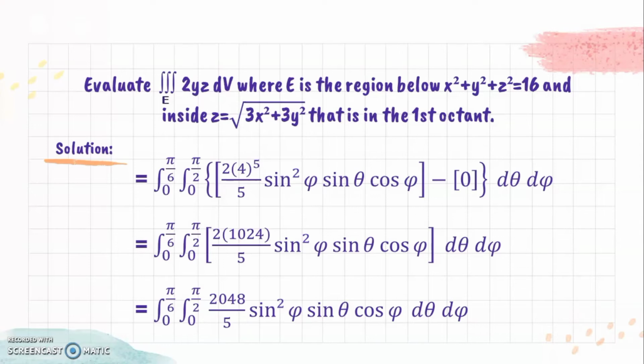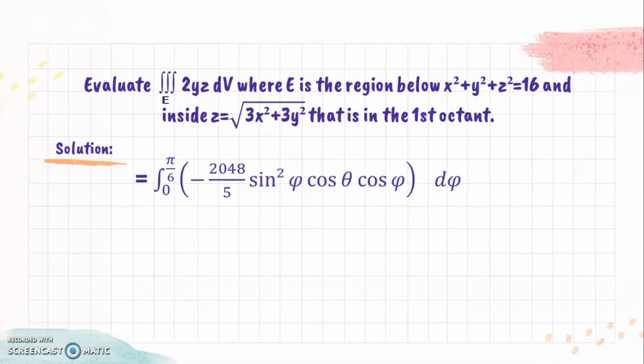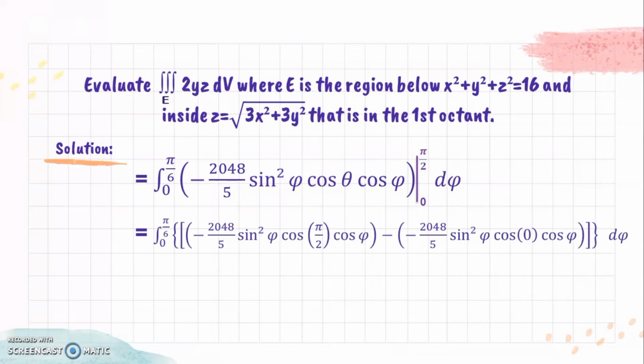So the integral of sine theta is negative cosine theta. Now, we need to evaluate this from 0 to pi over 2. So we'll replace theta with pi over 2. After the minus sign, we'll replace theta with 0. Now, let's just further simplify this.